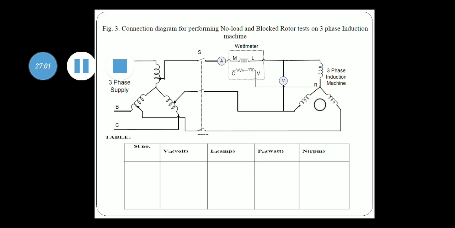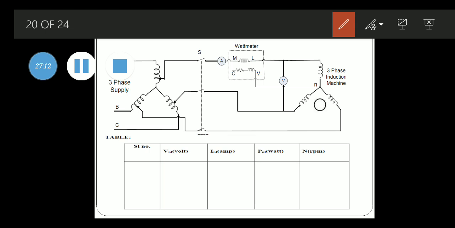Now this is the connection diagram for performing the no load and blocked rotor test on a three phase induction machine. This is the star connected stator, this is the auto transformer, and this is your machine, with a star connected rotor. Three phase supply is provided here through the TPST switch.